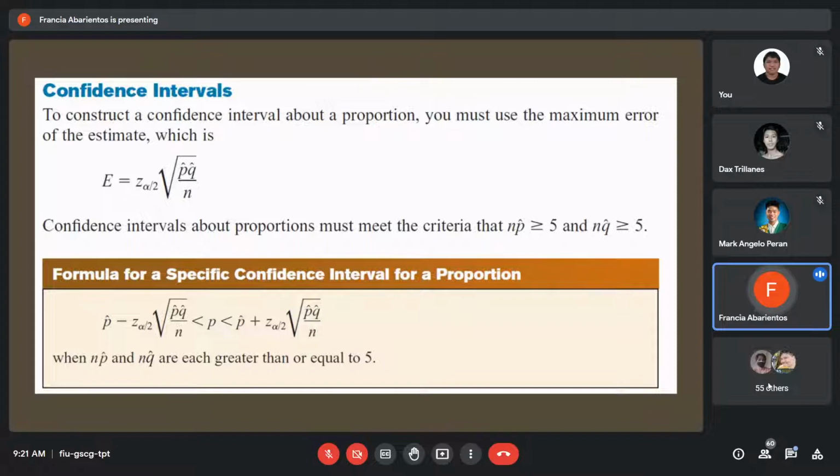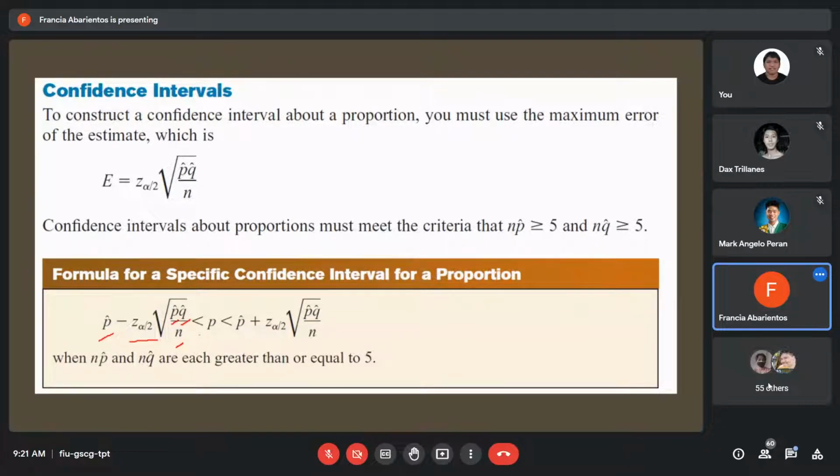We will still use the z-test. Magpapalit lang sa population mean, the p hat or the sample proportion. So, papasok din dito si q hat. Multiply mo siya. p hat times q hat all over n. The square root now is sa labas na. Buo na sila.